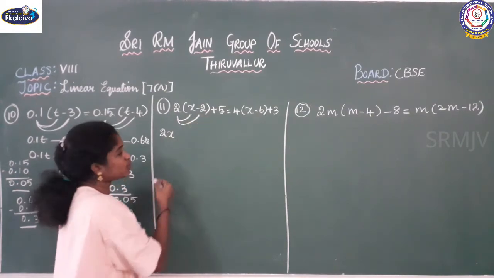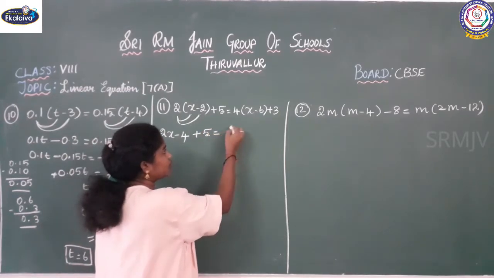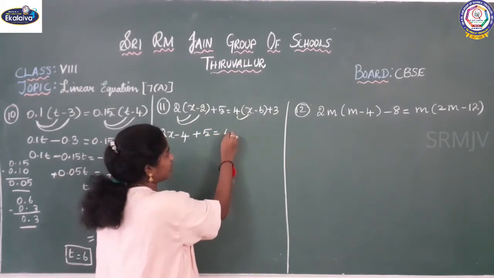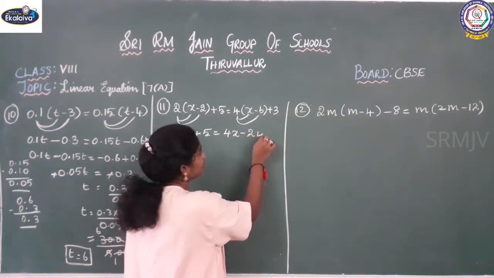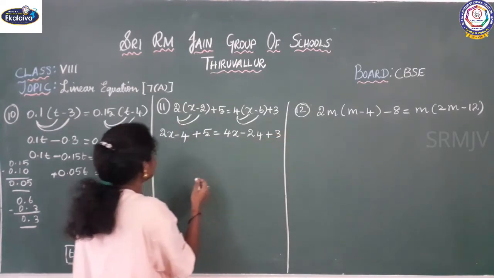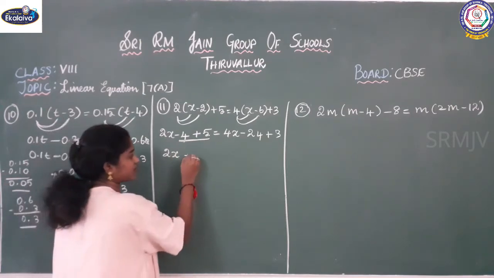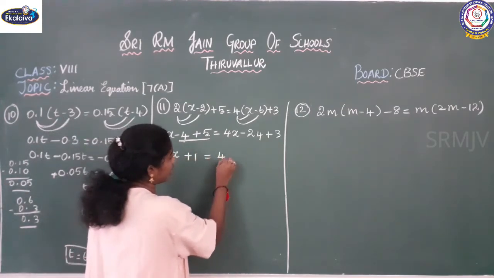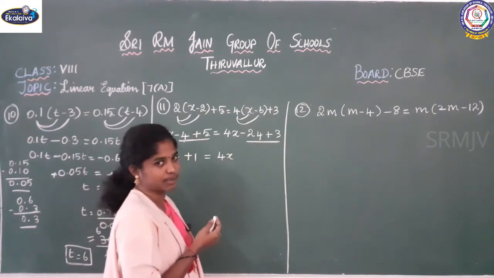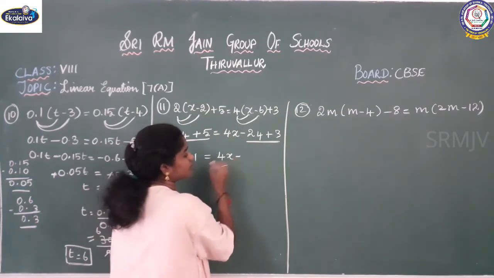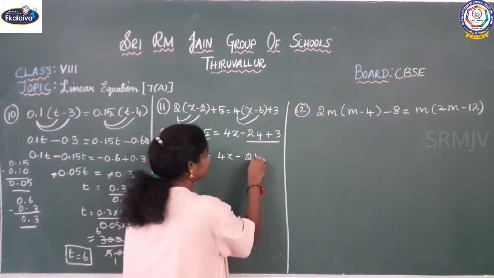And 2 into minus 2, minus 4, plus 5 is equal to 4 into x, 4x, and 4 into minus 6, minus 24, plus 3.